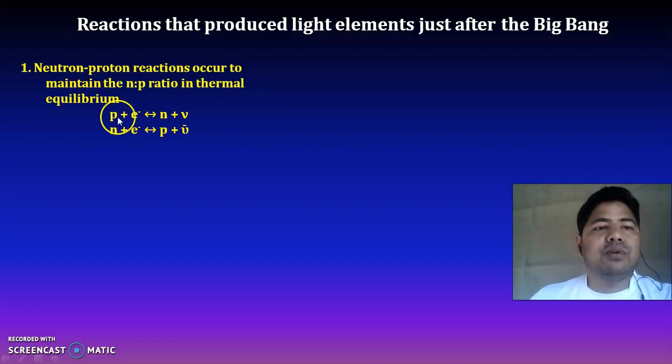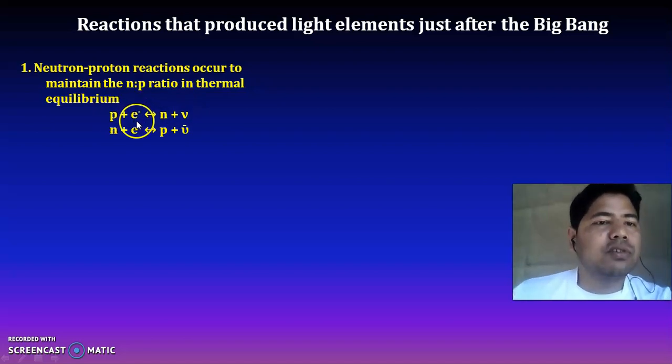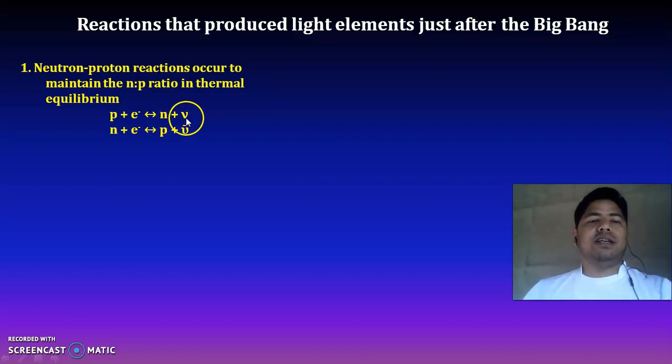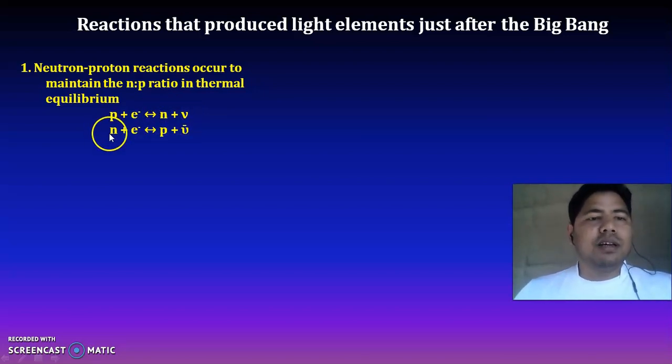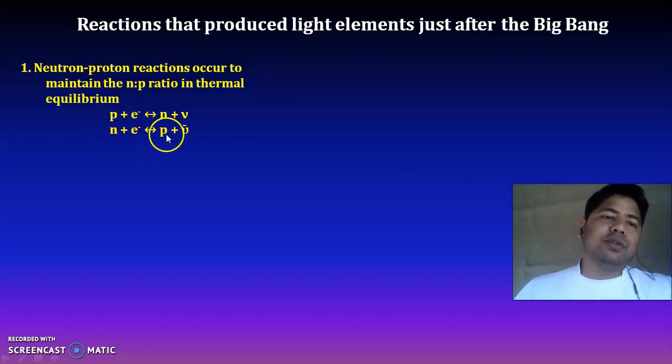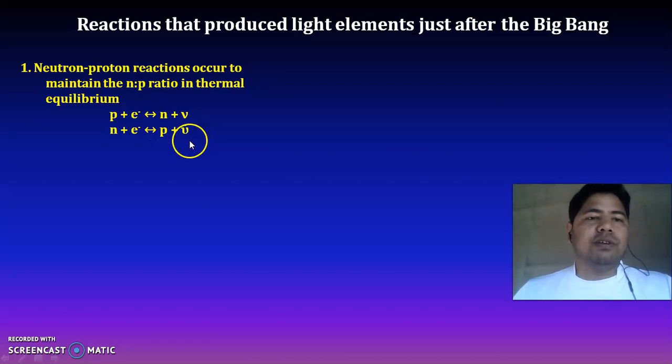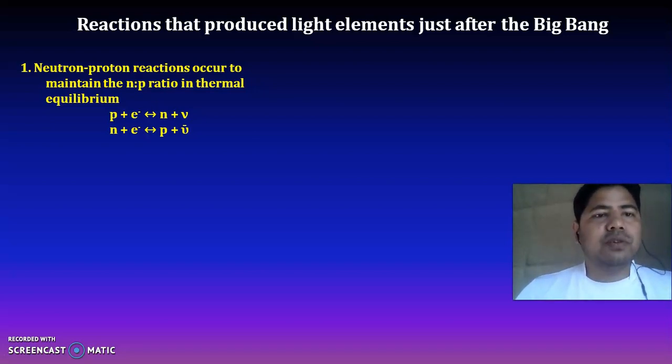Here you can see the proton is combining with an electron to produce a neutron and a neutrino. Then that neutron will combine with another proton, another electron, to produce a proton and an antineutrino. These two are reversible processes, and this reaction maintains the ratio of neutron to proton, and this ratio was 1:6.